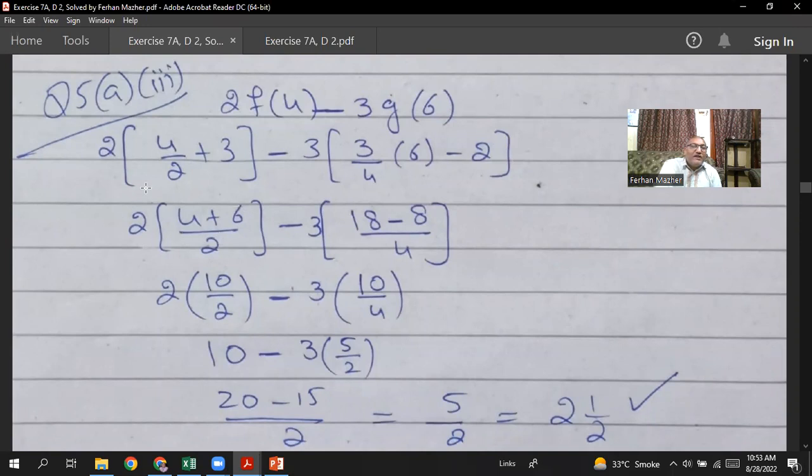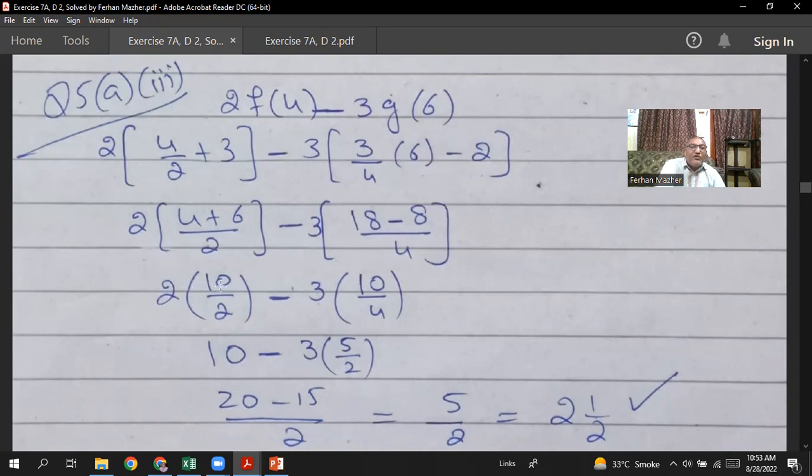So inside, take the LCM here, 2 square bracket, and the LCM is 2, so 4 plus 6, square bracket close, minus. Here you will have 18 by 4, so take the LCM, that's 4. So it will become 18 minus 8, square bracket close. I have subtracted these two fractions.